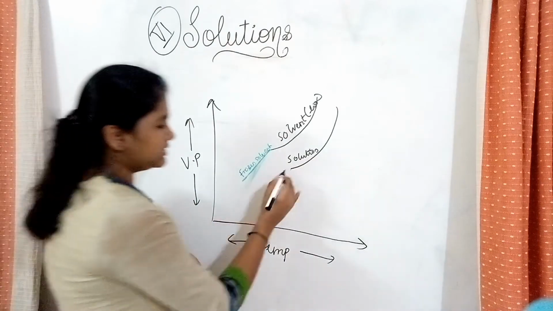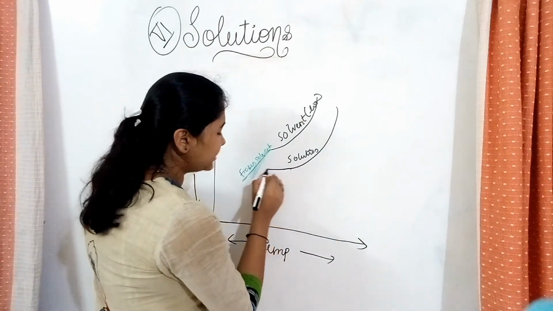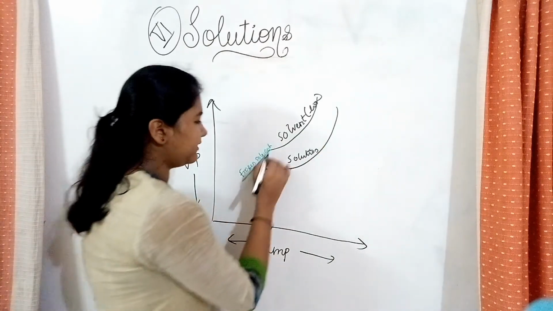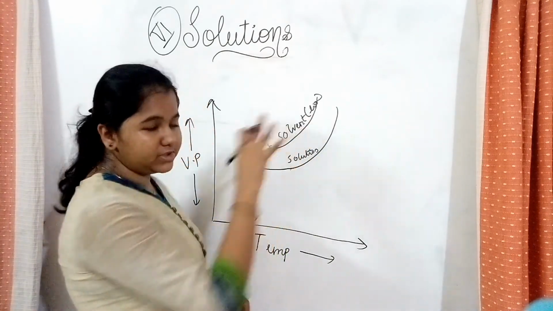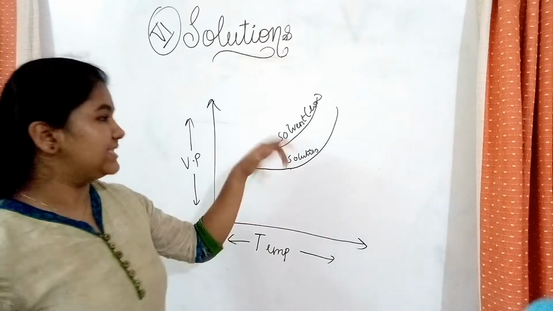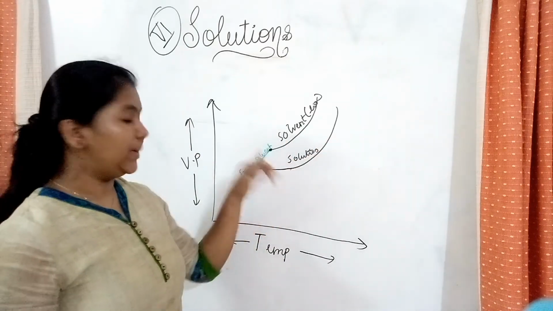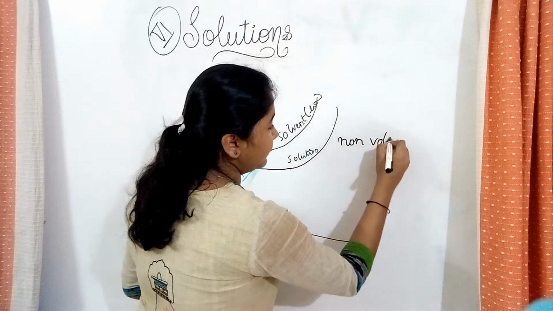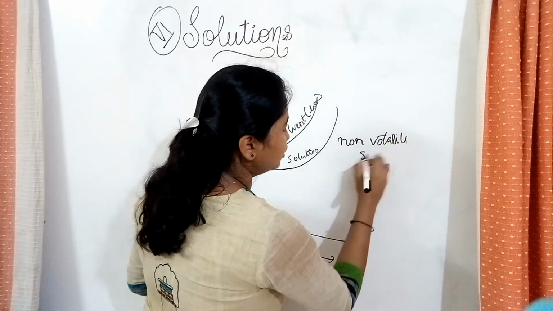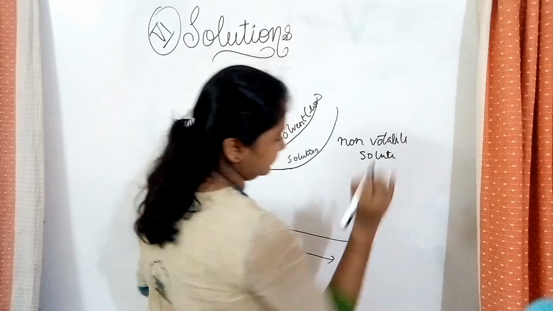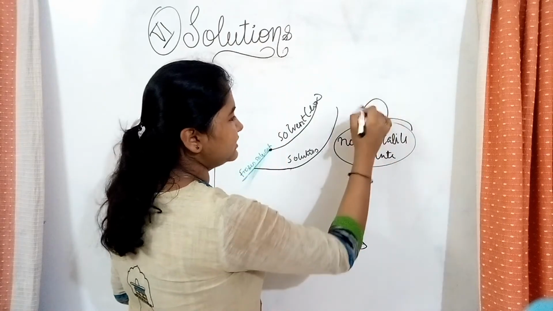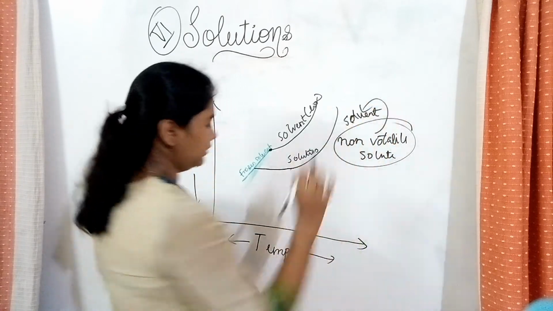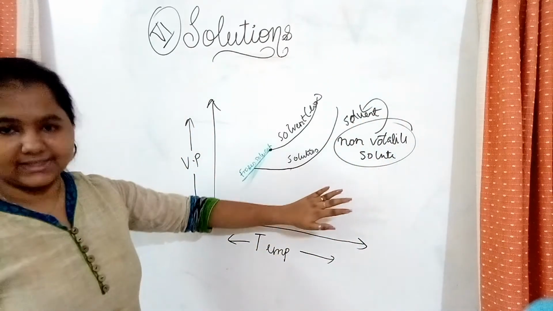So the solution would have to reach a temperature lower than that of the pure solvent to start freezing, because here a non-volatile solute is being added to the solvent. So this is the graph.